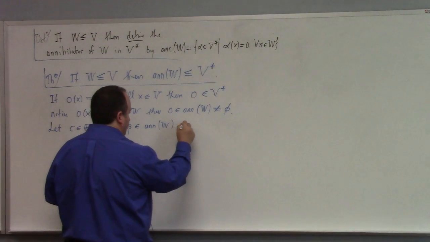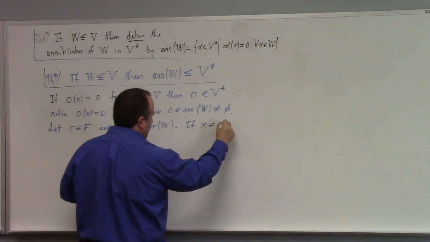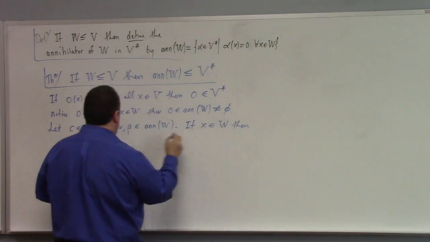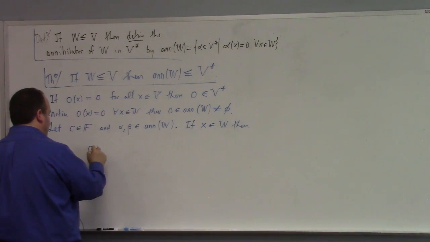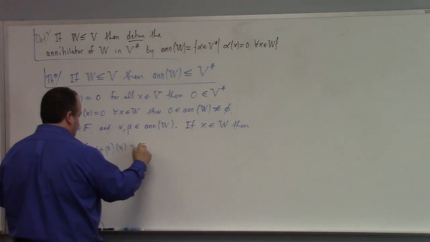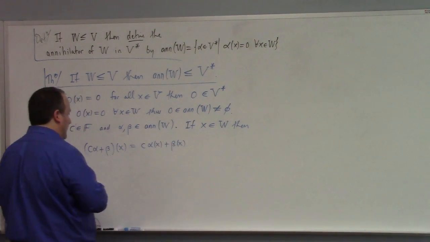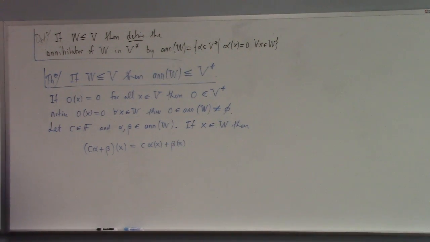So if x is an element of W, then check it out. c alpha plus beta acting on x is what? c alpha of x plus beta of x by the definition of function addition.